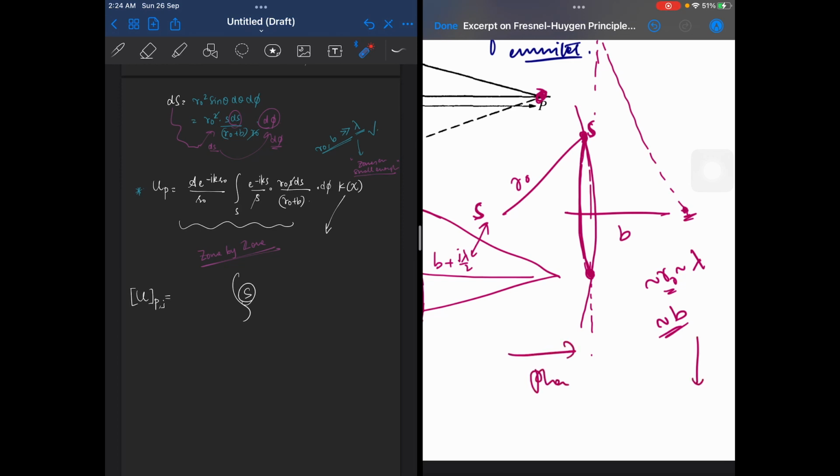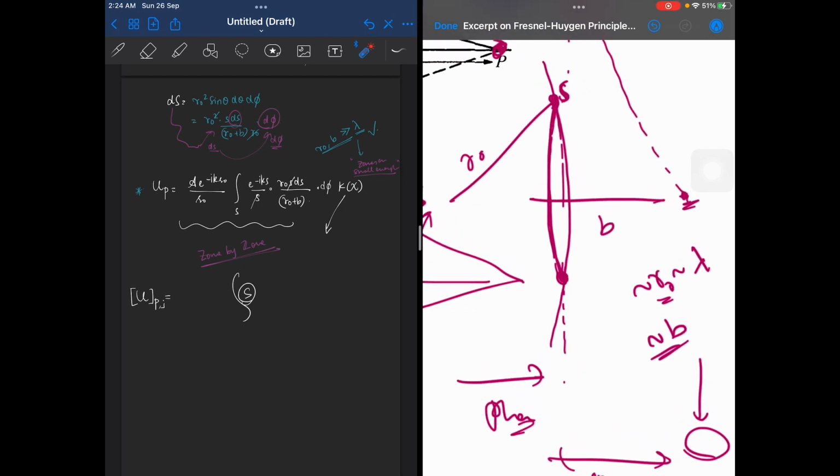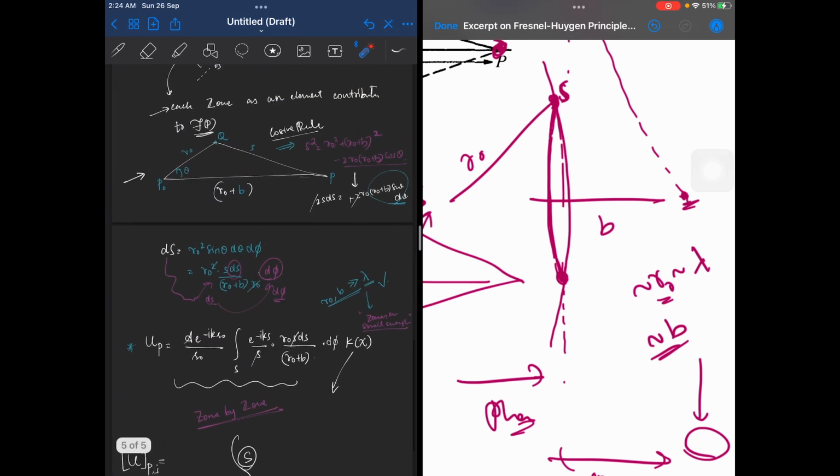Here, this distance is higher. It's a far field thing. Fresnel-Huygens is applicable for far field, something like that.